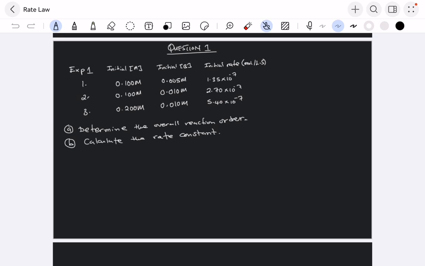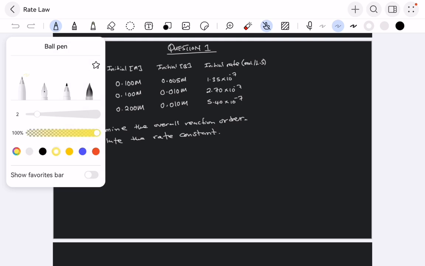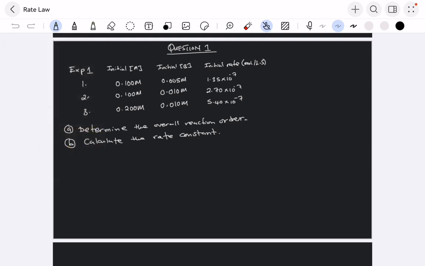Experiments will start with the initial concentration of A for experiment 1, experiment 2, experiment 3, and then we'll keep changing the concentrations and obtaining the different initial rates. So to determine the overall reaction order, this is how we go about it.